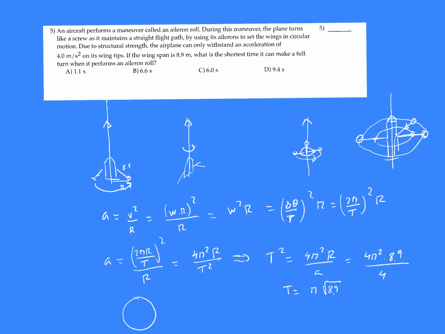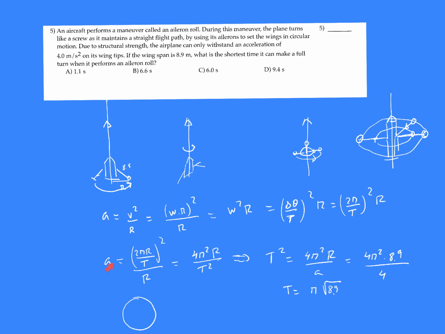If I choose the change in angle to be 2 pi, the time for one revolution will be T. So a equals 4 pi squared r divided by T squared. I can find T from here: T squared will be 4 pi squared r divided by a.